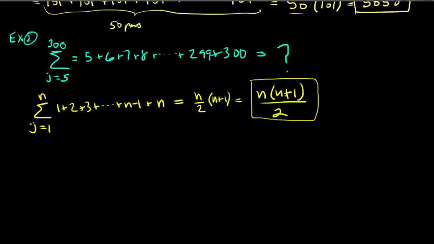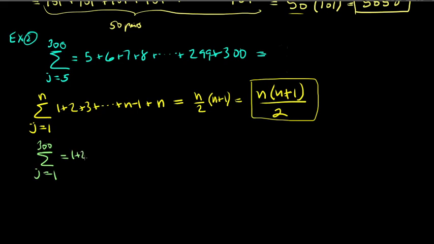Now, how does that help here? Because, as you can see, we're not starting at 1, we're starting at 5, right? So that's going to be seemingly a little bit trickier. Okay, but you can think of it as essentially done the same way, right? So even though this was not the question, let's start at j equals 1 and then go all the way to 300, right?